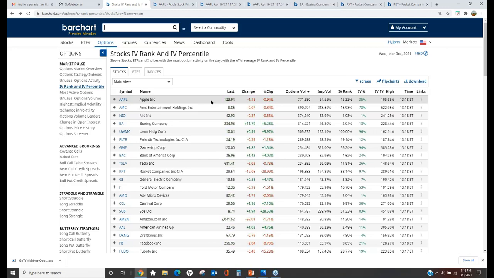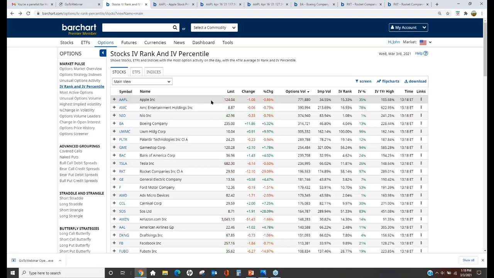But Apple is usually right at the top of our list. So one of the things we can do, when we look at our implied volatilities and our rankings, is this gives us that concept of what type of strategy we might want to apply.